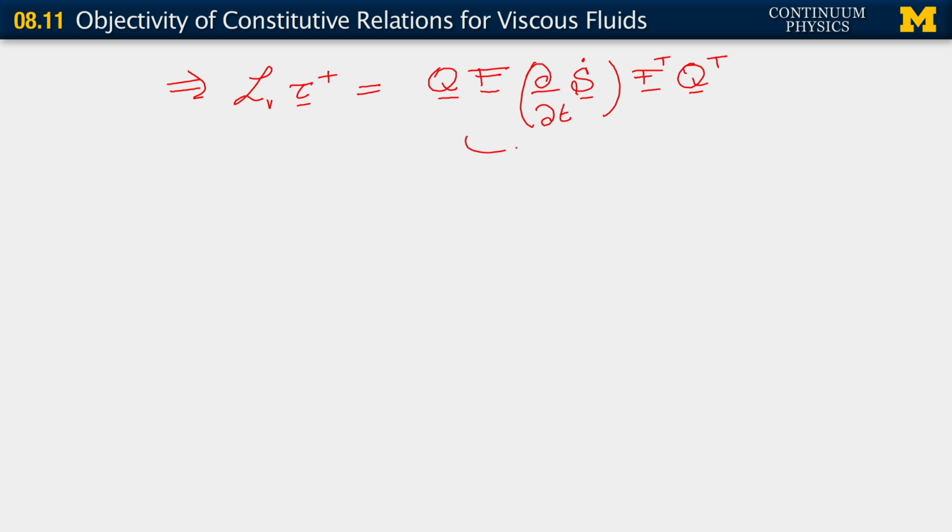Okay, but now what we have in here is exactly the same as F acting on the partial derivative with respect to time of F inverse tau F inverse transpose, right?